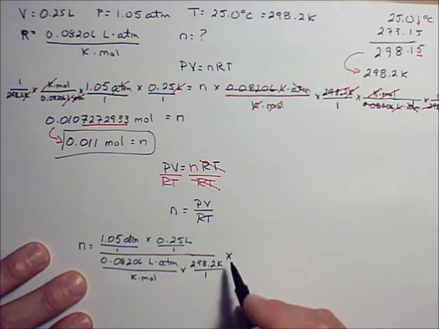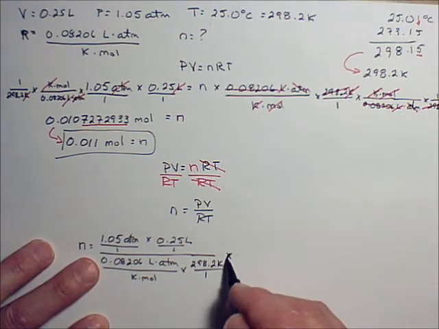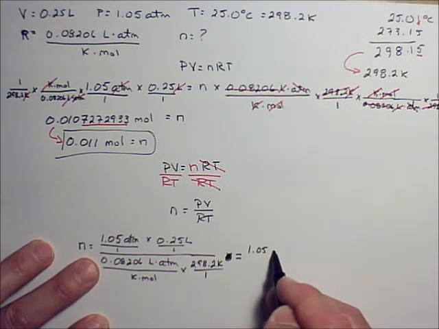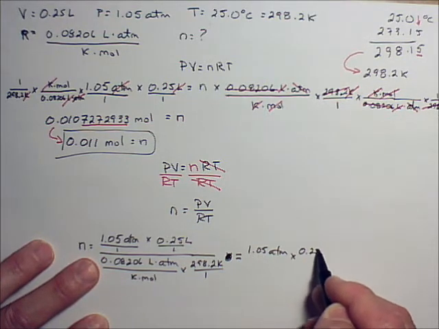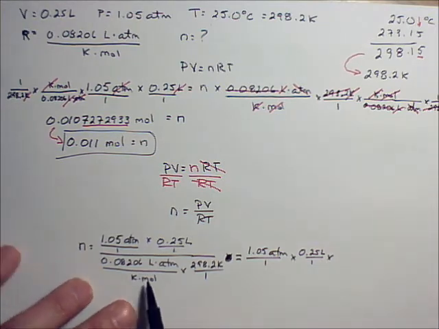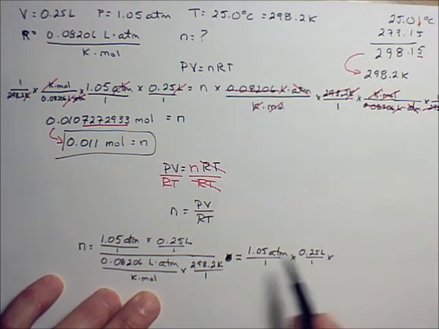What we're going to do then is rewrite the equation by writing out the things that are on the top. I'm sorry, I need an equal sign here. 1.05 atmospheres times 0.25 liters, and put those over 1. Then I'm going to invert this, so I'm going to flip it and multiply it.